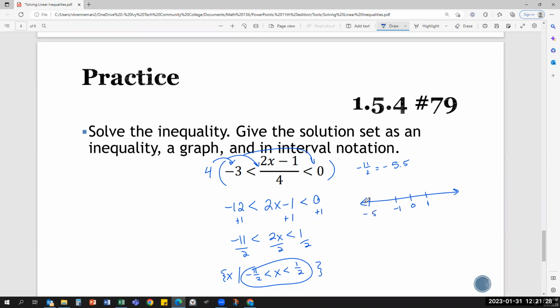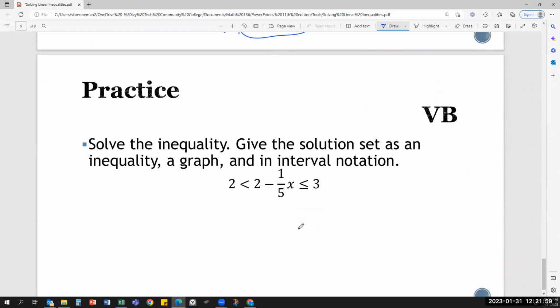Somewhere over here, -5, -6. And we're going to be in between the -5 and the -6 there with our parentheses. They're at -11 halves and then at +1/2, the other side between 0 and 1. And so you'd look for a graph that does that. The interval notation then would be parentheses, -11 halves, comma, 1/2, close parentheses.